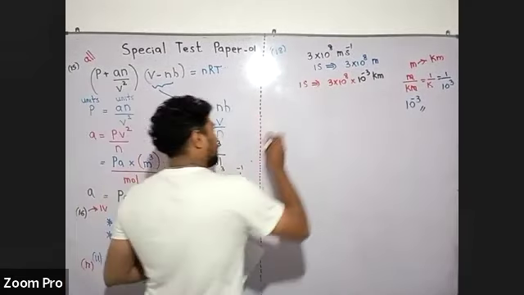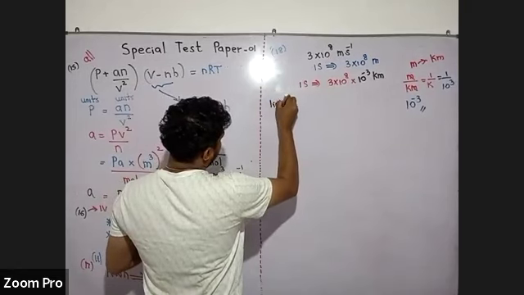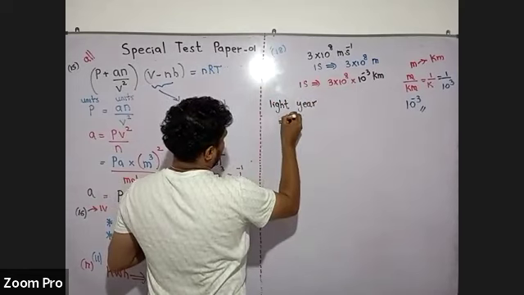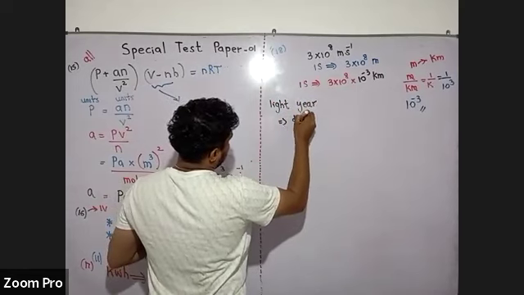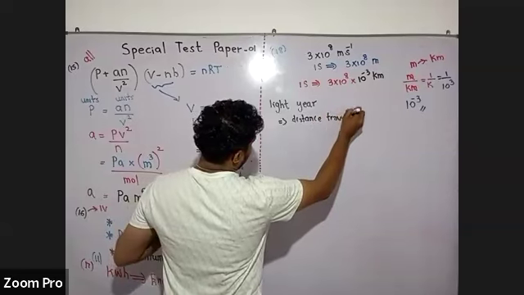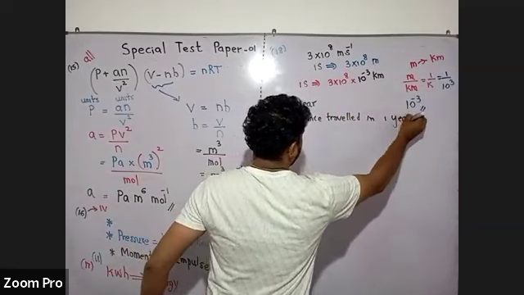So now a light year means the distance traveled within 1 year.